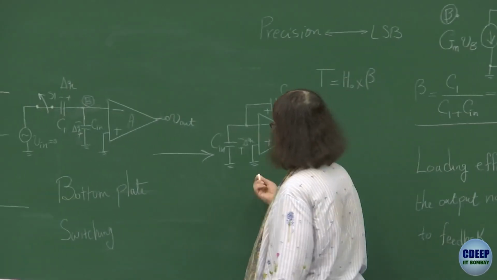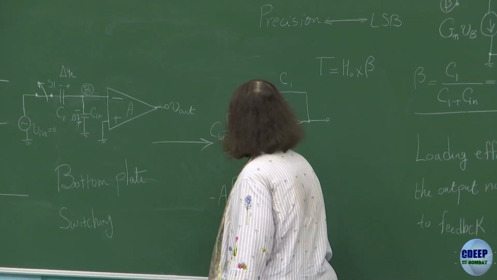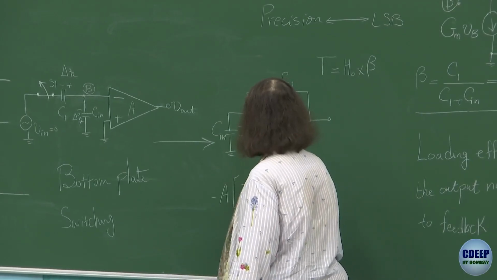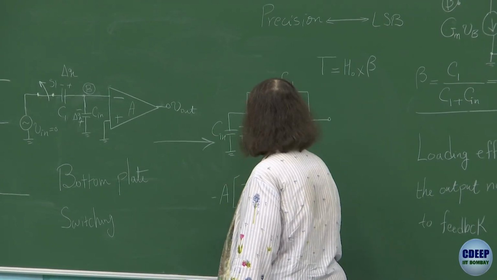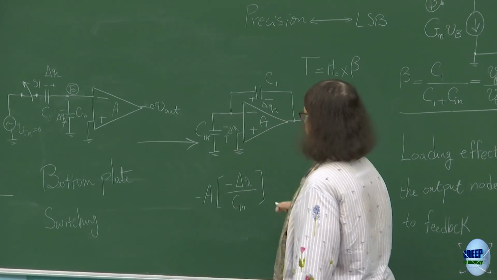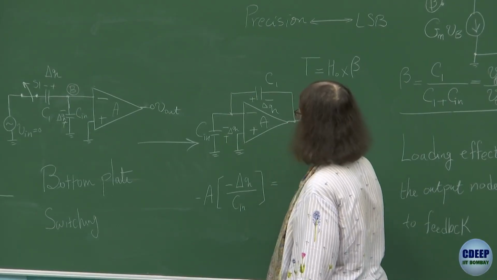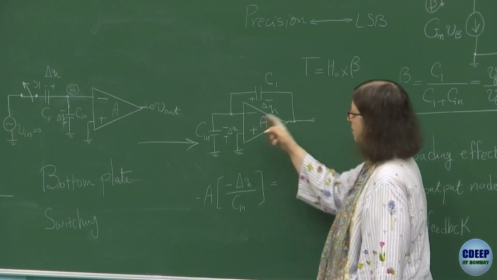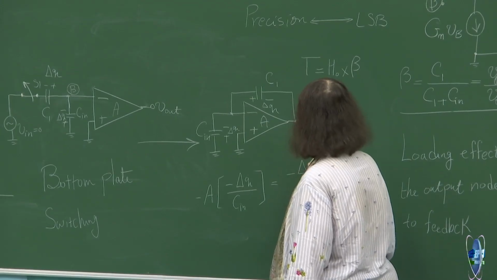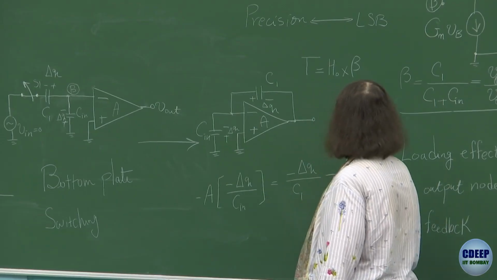In a steady state, minus A multiplied by minus delta Q upon C1. This is the input voltage, if this delta Q remains, which is the output voltage, right? It is also equal to the summation of these two voltages, which is eventually minus delta Q upon C1 minus delta Q upon Cin.